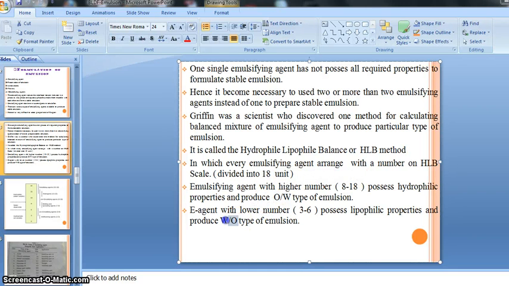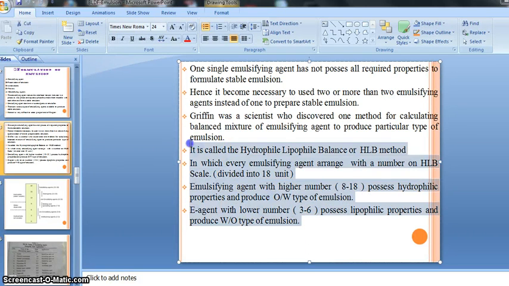And in WO type of emulsion, the oil as continuous phase is present in a large amount. That's why we need to choose those emulsifying agents which are suitable for lipid, or soluble in lipid or oil, that is from 3 to 6.